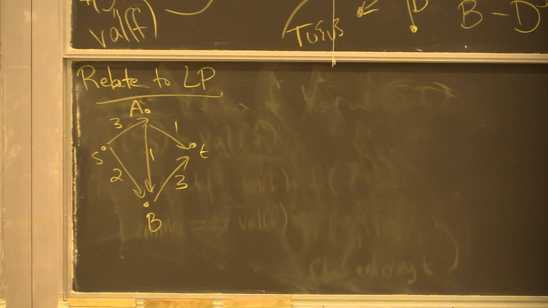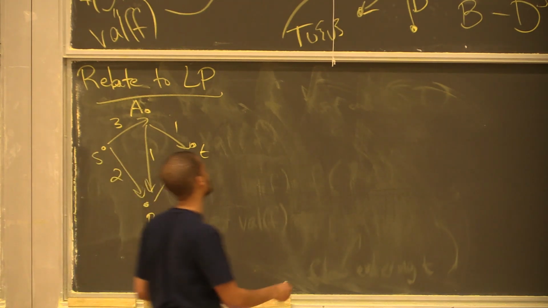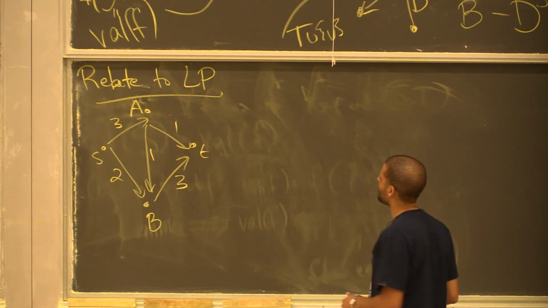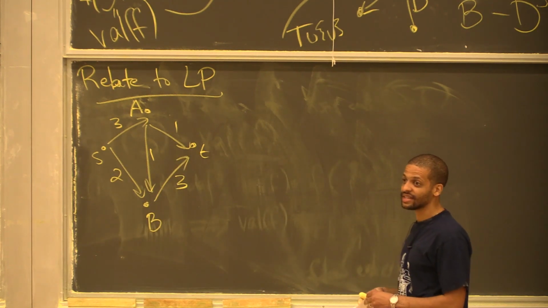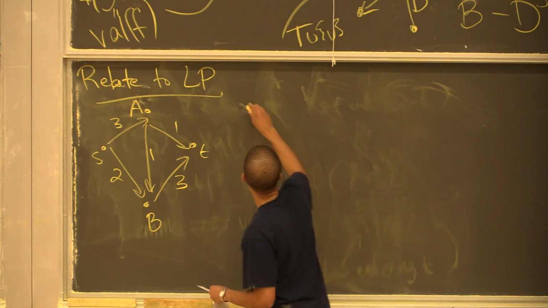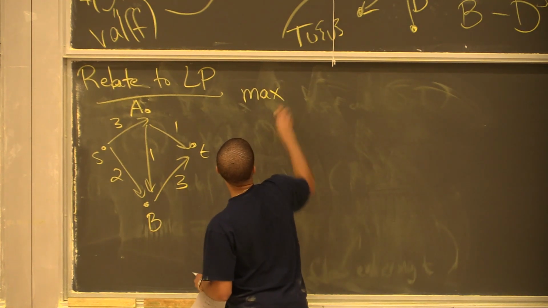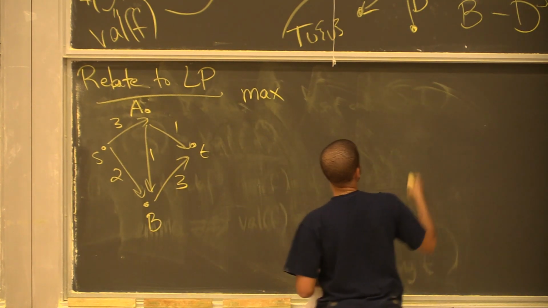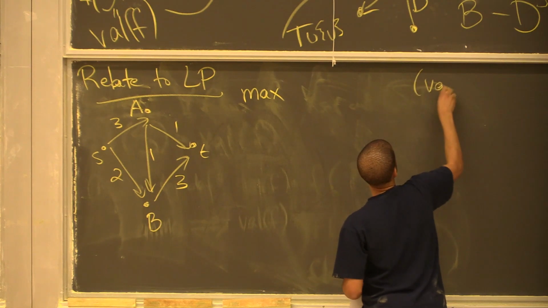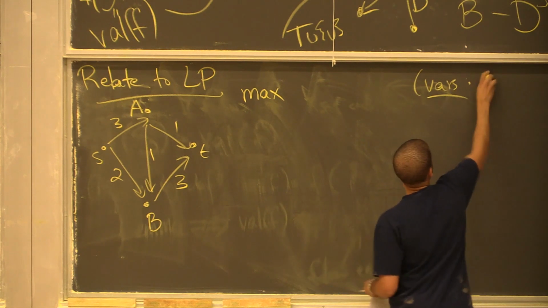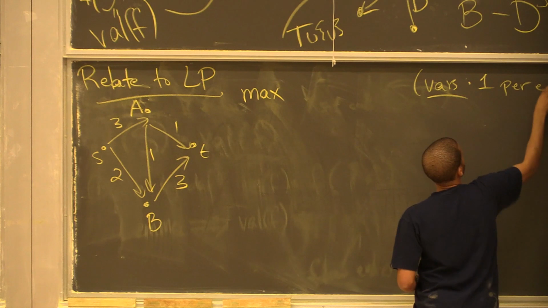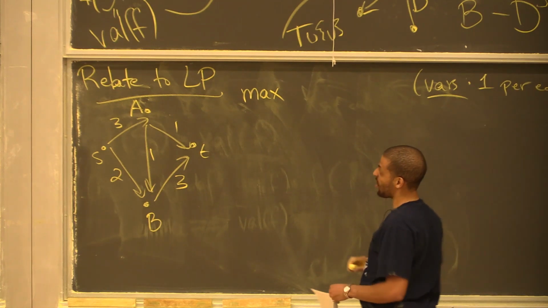So let's write down an LP for the max flow problem. I want to maximize the flow, which is the value of the flow, equal to the total flow leaving the source S. First of all, what are my variables? I have one per edge, namely the amount of flow on that edge.